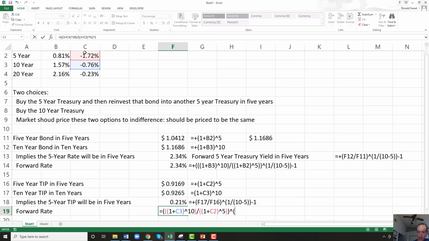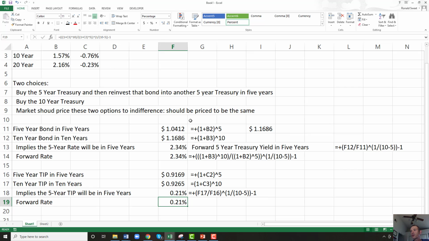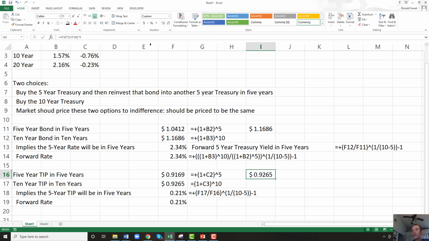That whole thing raised to, open parentheses, 1 divided by, open parentheses, 10 minus 5, close parentheses twice, minus 1, and there's your 0.21%. Just to check it, we take what we had at the end of 10 years times 1 plus that forward rate, raised to the 5th, and there's that 9.9265. Exactly matches.